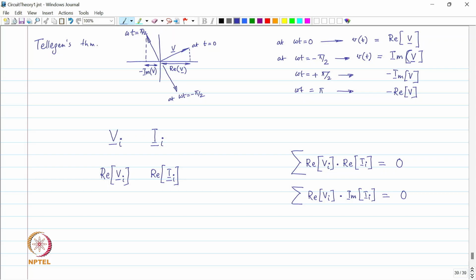Therefore, the sum of products is equal to 0, and similarly this is also true, and what else is true?